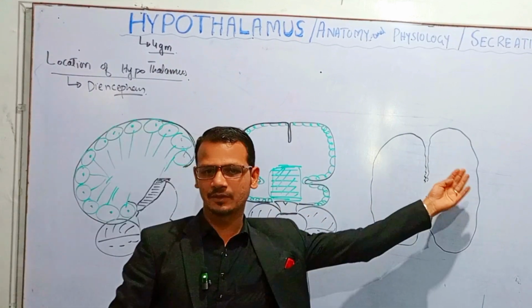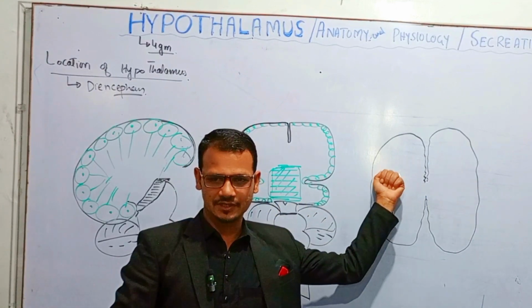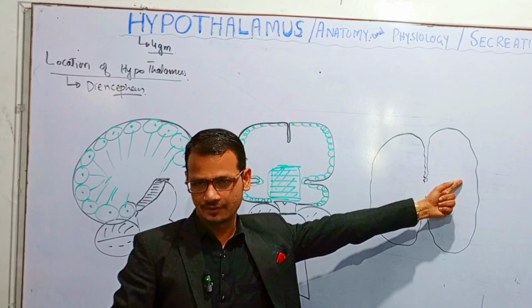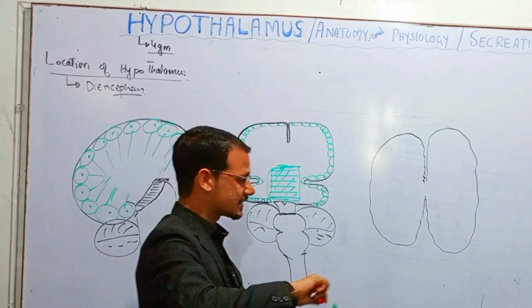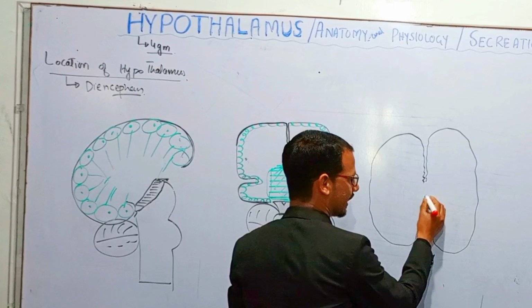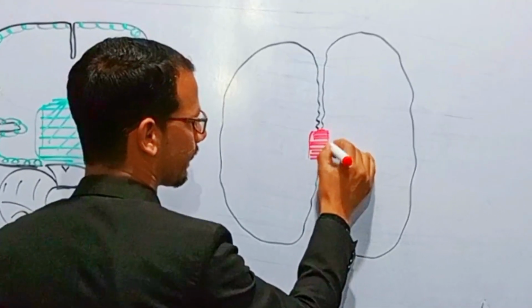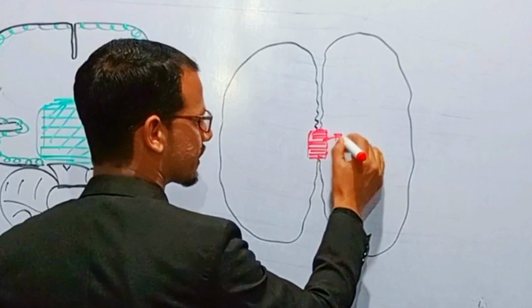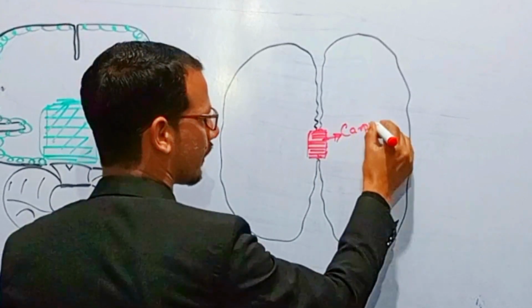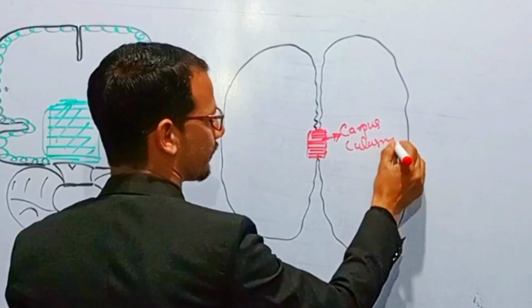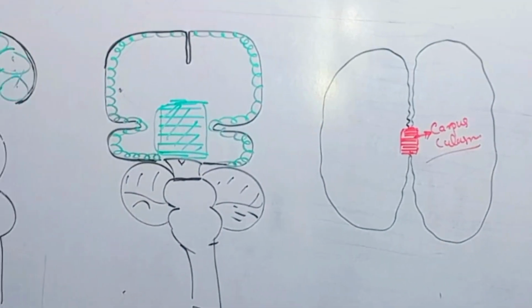This is the left hemisphere of the cerebrum and the right hemisphere of the cerebrum. These two cerebral hemispheres are interconnected. This structure is called the corpus callosum, right?